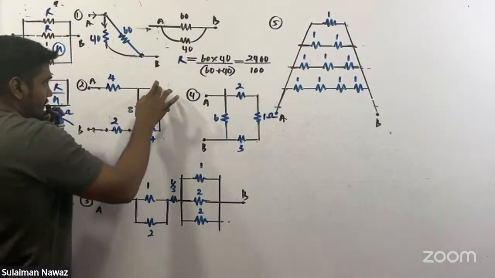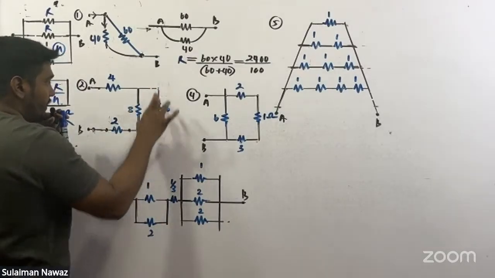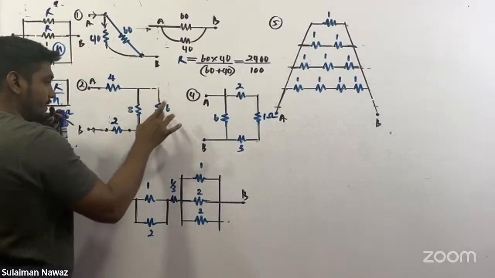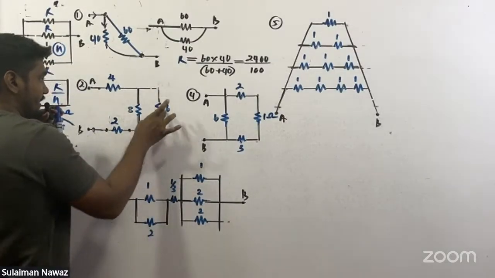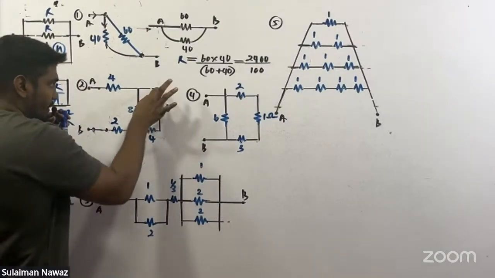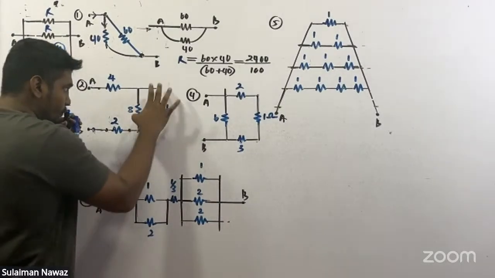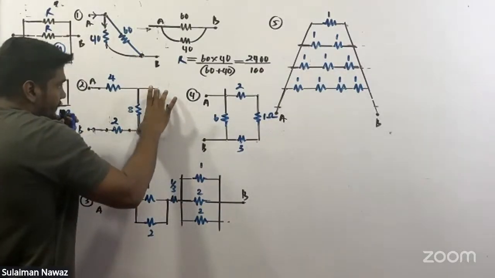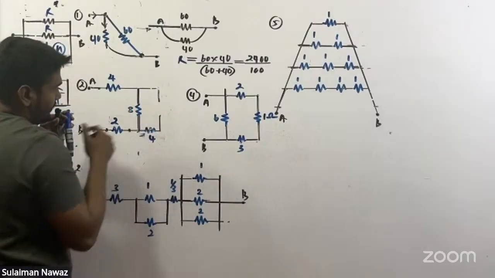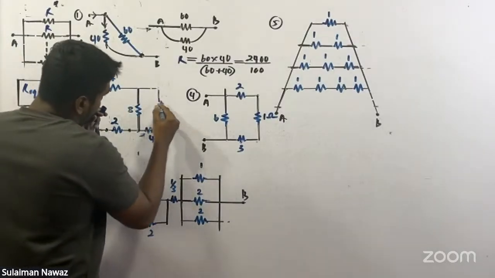They are in series. This 6 and this 4 are in series. Am I correct? 6 plus 4 means how much? 10. 6 plus 4 means 10. Then instead of these two, between these 2 points, you can replace these two resistors by 10 ohms. Right? 10 ohms. See the story.